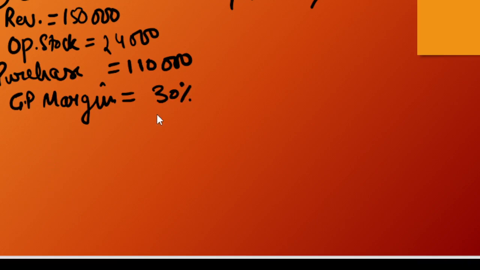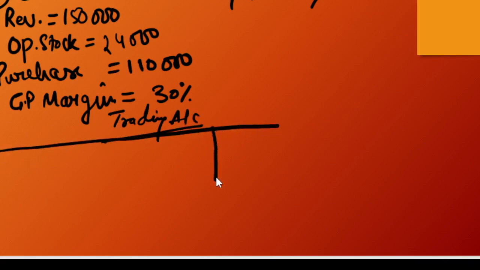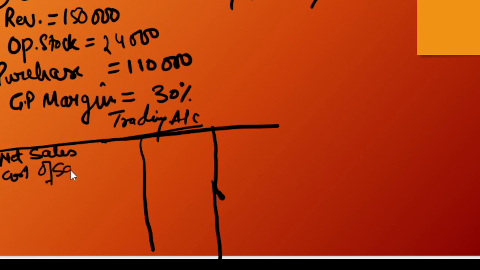Before doing this you need to know how to prepare a trading account. The format for the trading account is net sales or net revenue minus cost of sales, that is opening inventory plus purchases minus closing inventory.